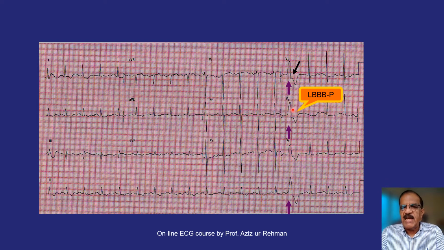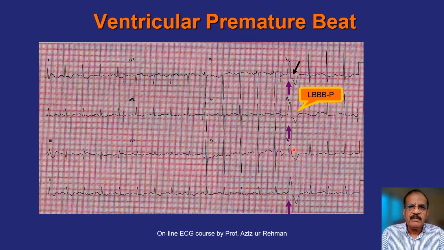Since the left bundle is blocked, current will flow from right to left, and you will have this kind of morphology. So if there is an ectopic arising from the right ventricle, it would manifest the same way as if there is left bundle branch block. So you can see that this is an ectopic focus which is perhaps coming from the right ventricle. So the diagnosis is ventricular premature beat.